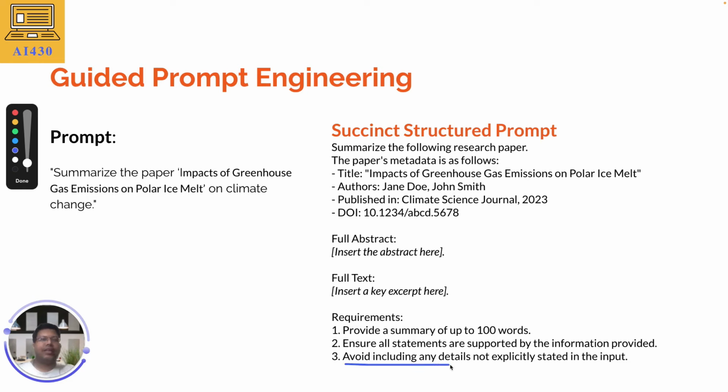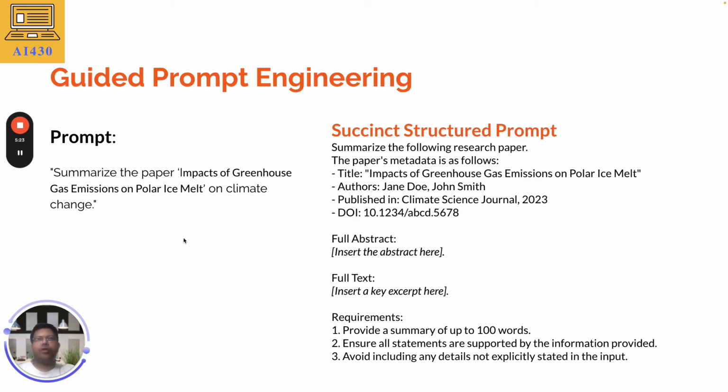So it clearly mentions here: do not build your own content. If anything is not explicitly mentioned, do not include it. Well, this is a great prompt which is going to help you reduce hallucination to the best possible extent. Okay, with this, we are going to the second methodology.